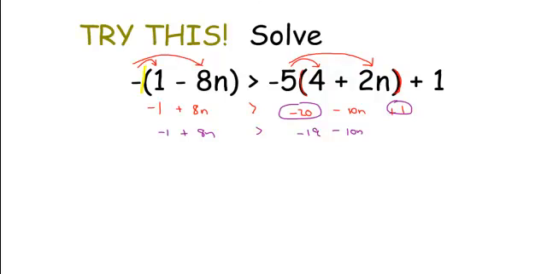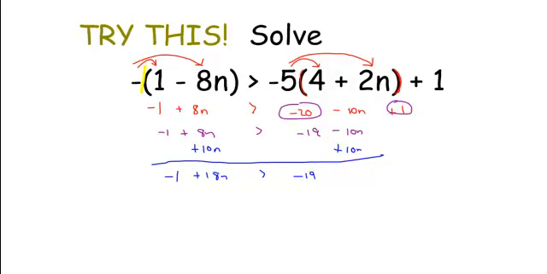Now it's time to take inverse operations, and I'm going to do what I usually do, and that is, let's try to get the terms with the variables to be positive. So I will add 10n to both sides. And I have negative 1 plus 18n is greater than negative 19.